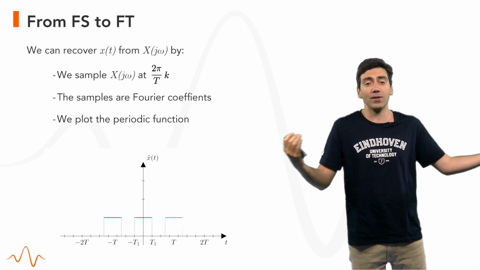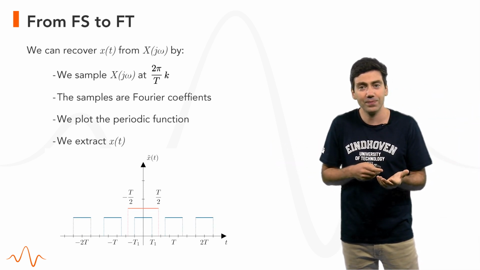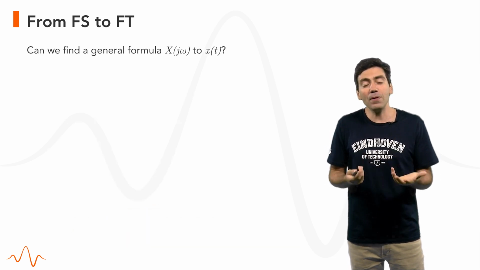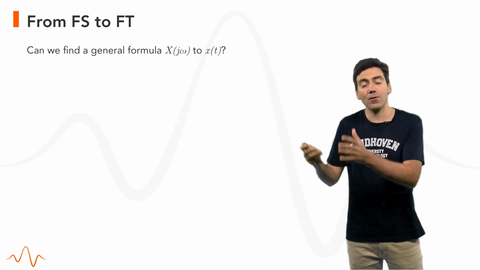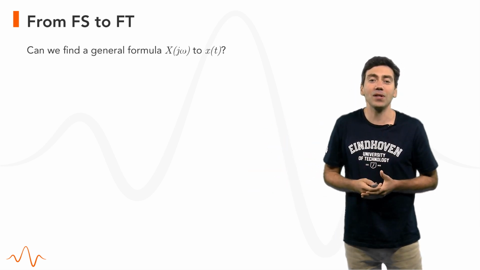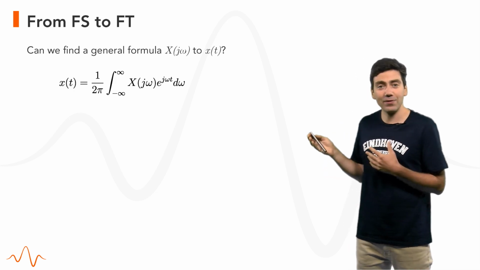We plot that periodic function, and then we extract the signal x of t. But can we find a general formula to do this, to go from the Fourier transform to the original signal x of t? Yes, we can, and the expression is given here.